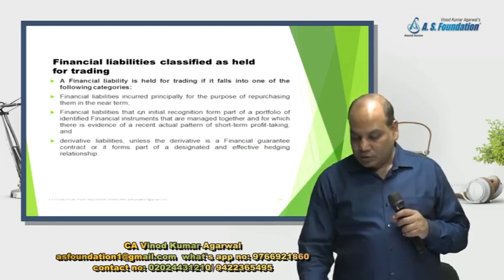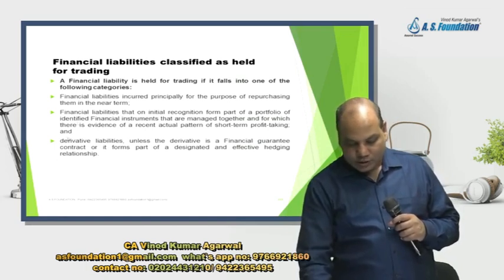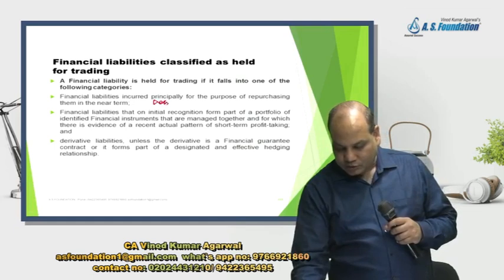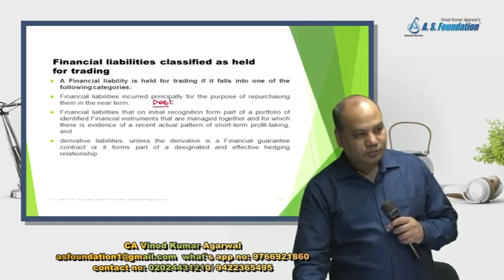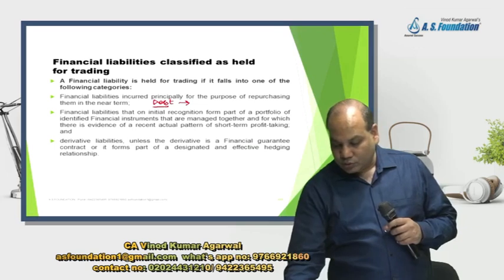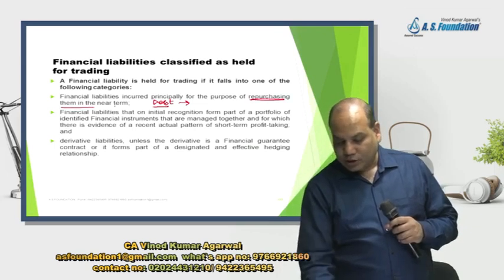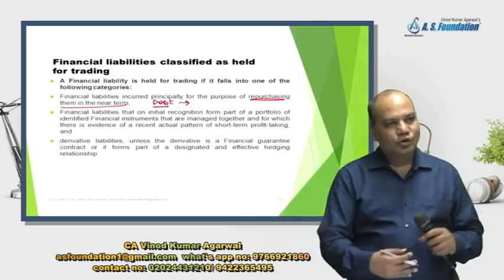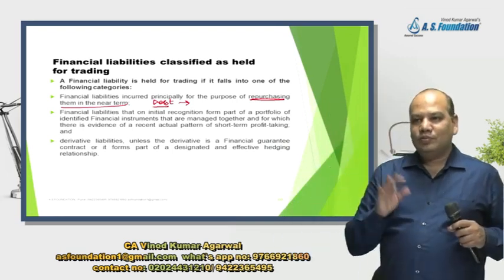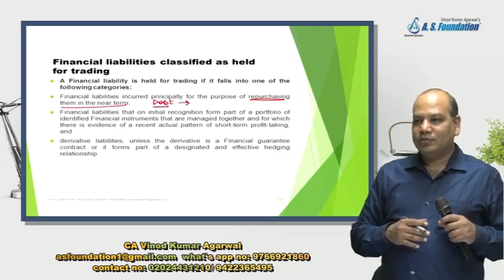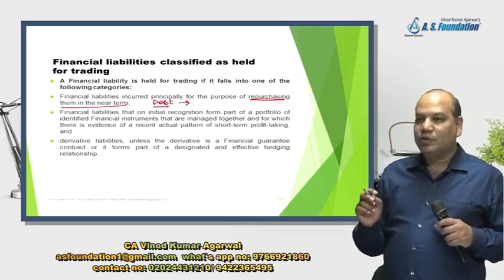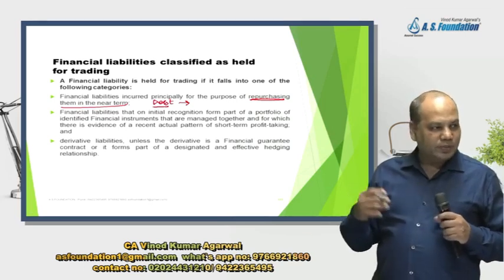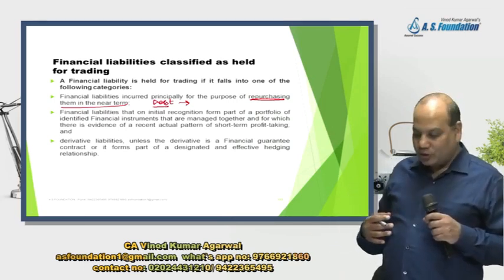Here the standard is saying, suppose you have issued a debt, debenture or a bond, but your objective is to buy back the bond in the near term. Today you need money, you issued, but you want to buy back after 3 months. In that case, this instrument will be designated as FVTPL because the objective is to repurchase it in the near term.